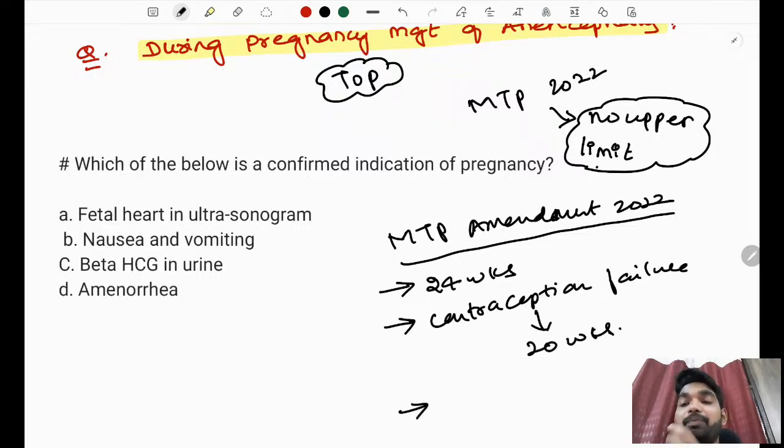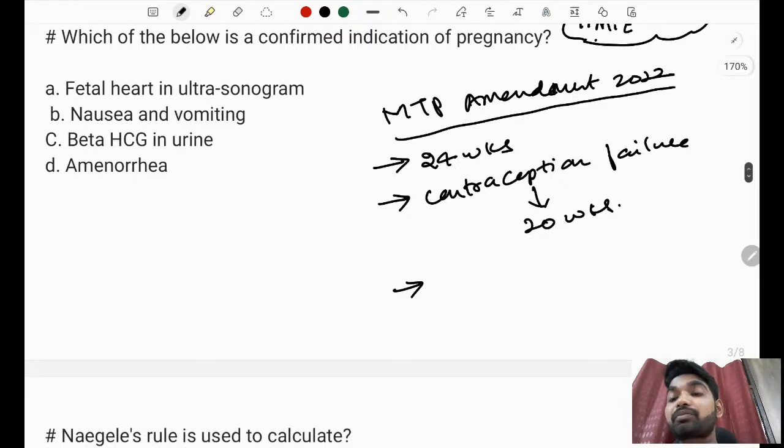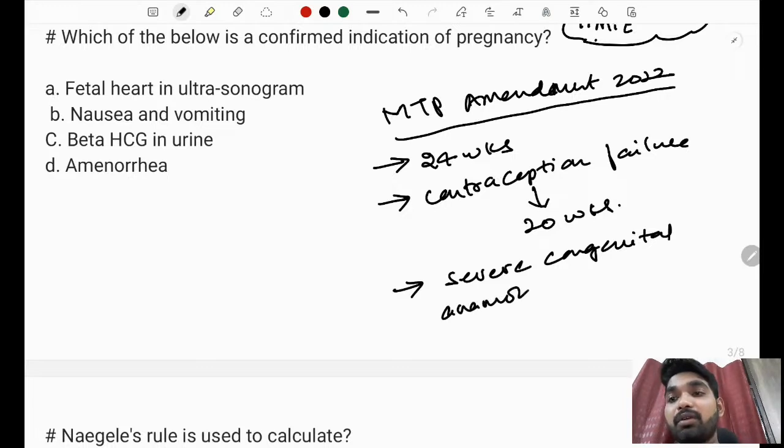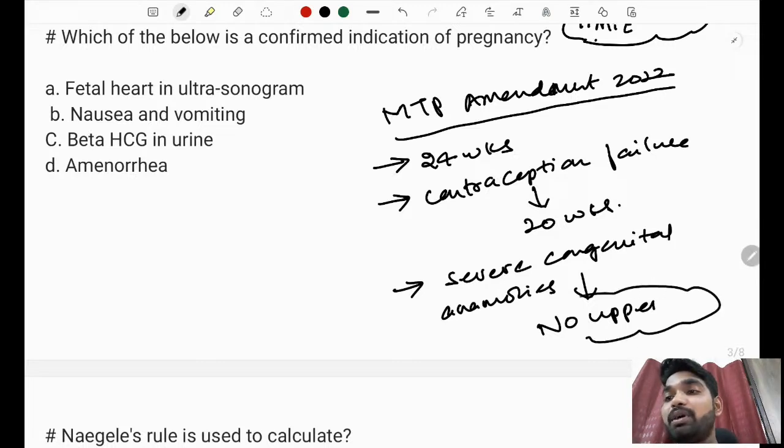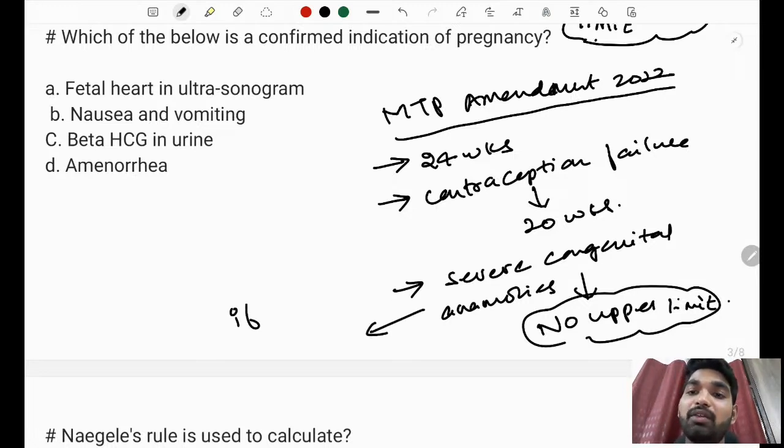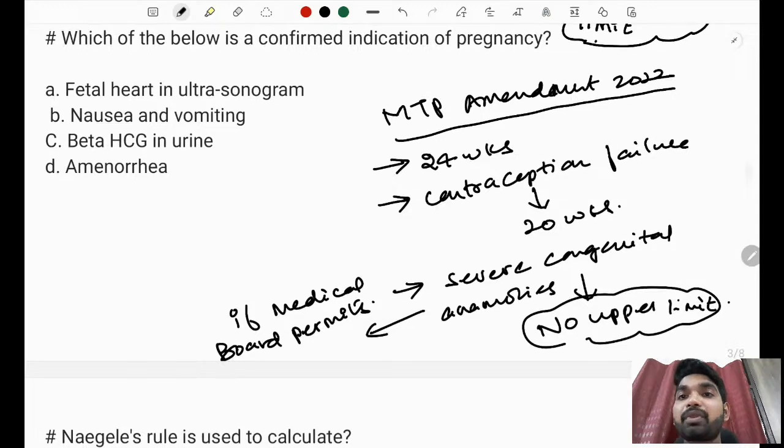And as I just told you, for severe congenital anomalies there is no upper limit. Whether 20 weeks, 24 weeks, 30 weeks, whenever it is diagnosed, you terminate the pregnancy, if the medical board permits.